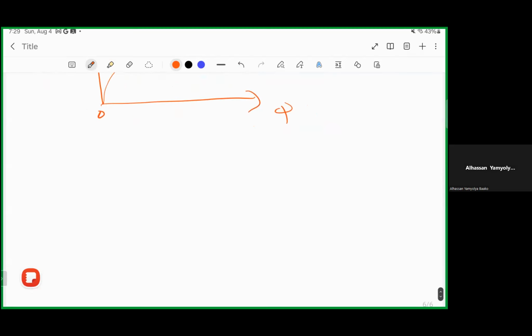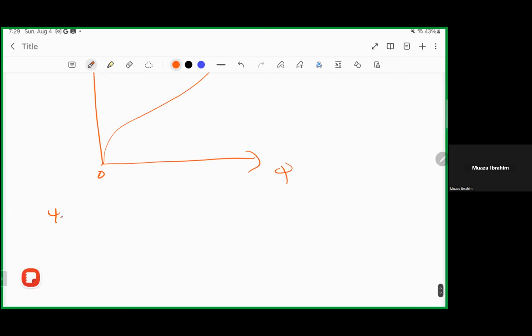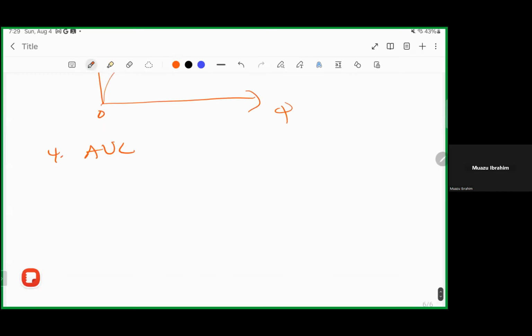Now let's look at the average variable cost. I'm not going to demonstrate it, but we know it is the average cost per unit of output. The average variable cost is U-shaped. This is quantity, this is cost.